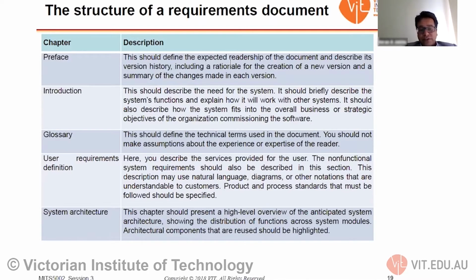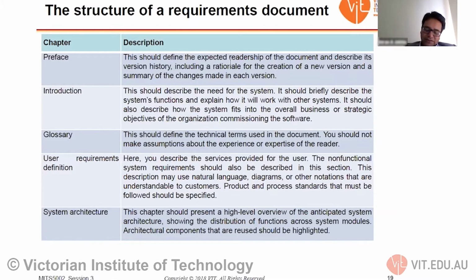For the user requirement definition, you should really describe the services provided for the user. Non-functional requirements can be described, but sometimes they may go to other sections. In user requirements, you don't describe them using mathematics.